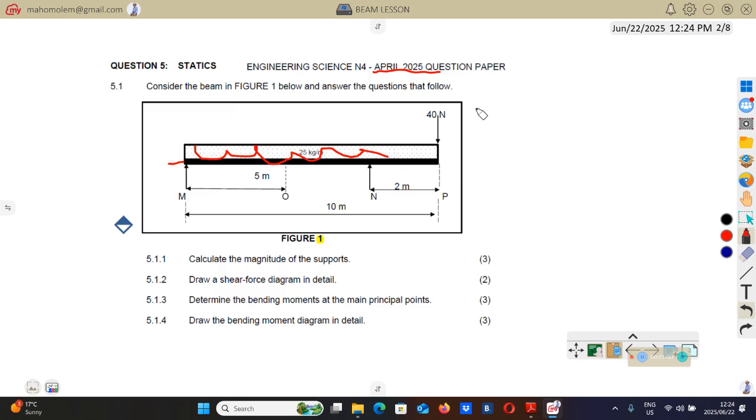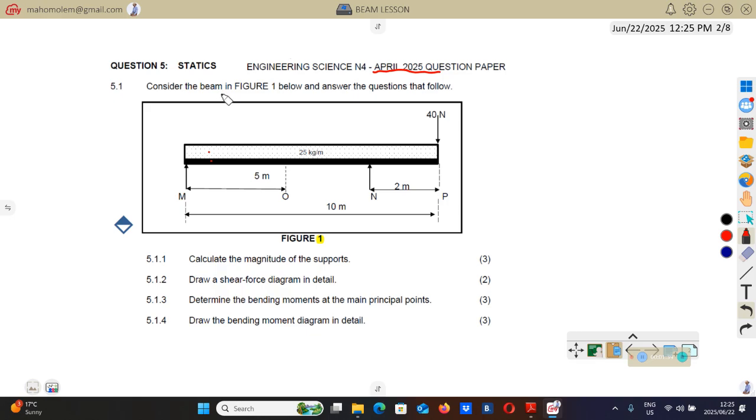It's not clear if this black thing represents the beam, and this thing here represents the load being placed on the beam. Sometimes they clearly specify that, but it doesn't really matter. It doesn't affect the solution. Let's say that this is the mass of the beam, or the mass of the beam plus whatever is placed on top.